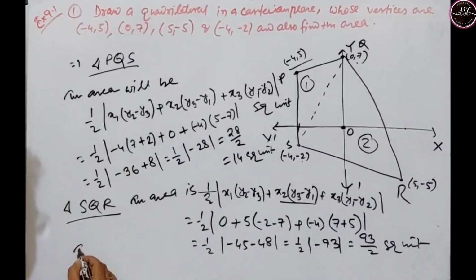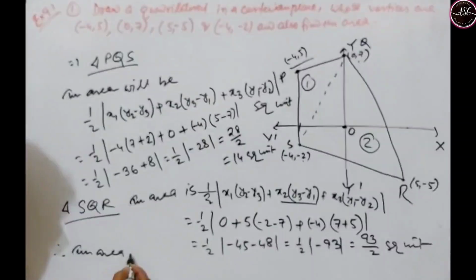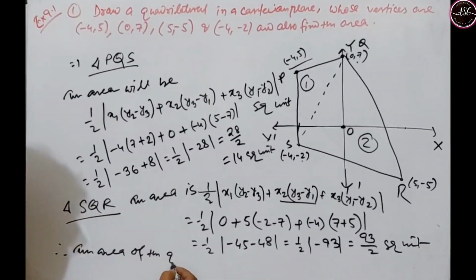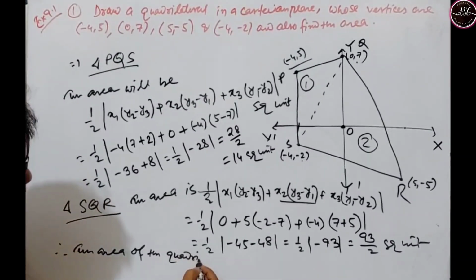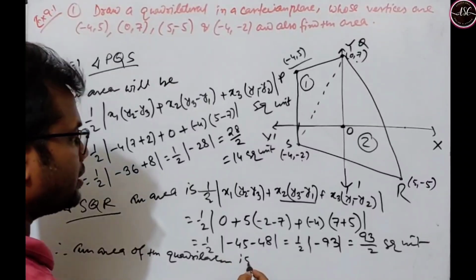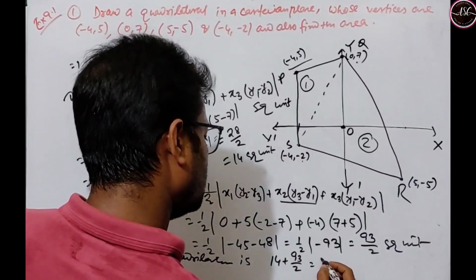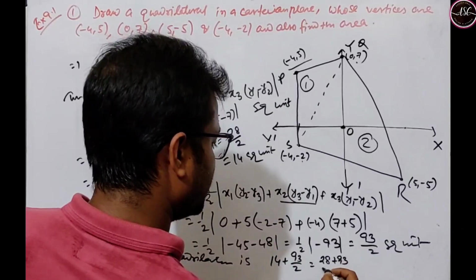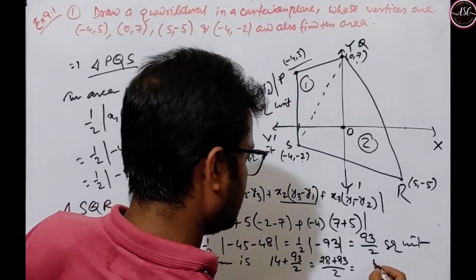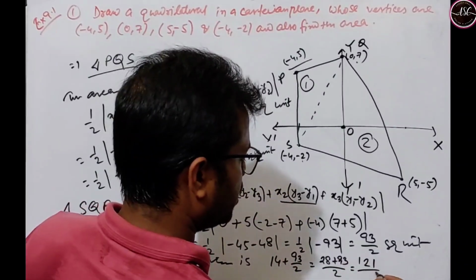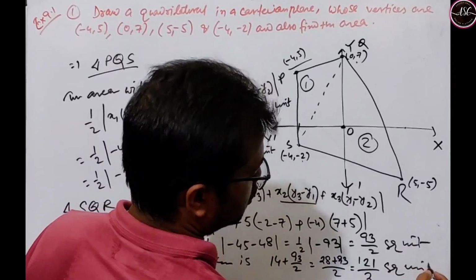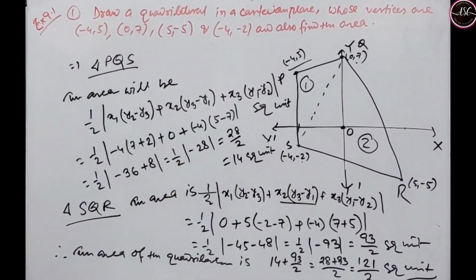So the area of the quadrilateral is 14 plus 93 by 2 equal to 28 plus 93 divided by 2, that means 121 by 2 square unit. Okay, clear?